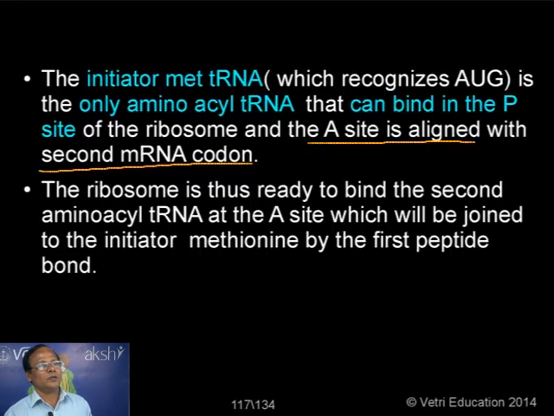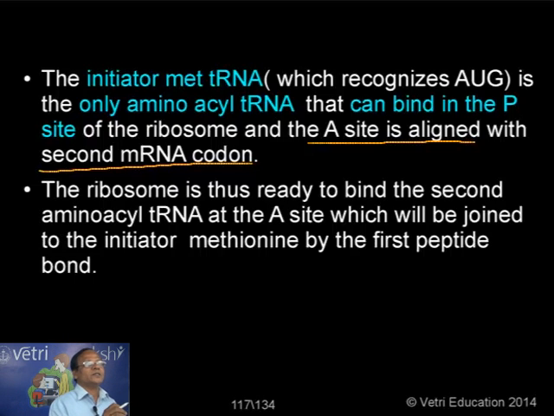This is only for the beginning process. The initiation codon for methionine is found in the P site. That is why the methionine tRNA can bind directly with the P site, because the codon is oriented there. Whereas the A site is aligned with the second mRNA codon for the next amino acid.